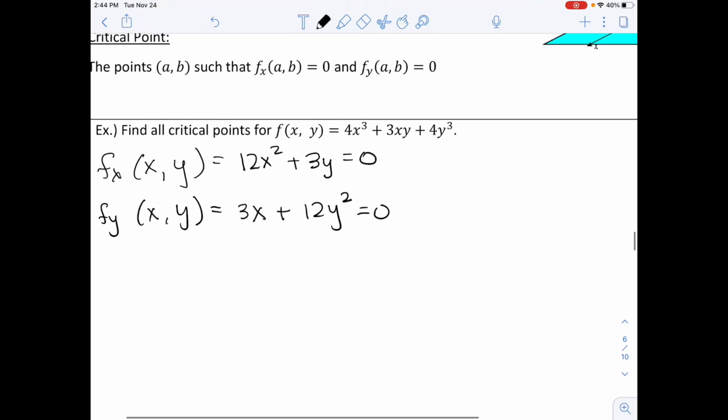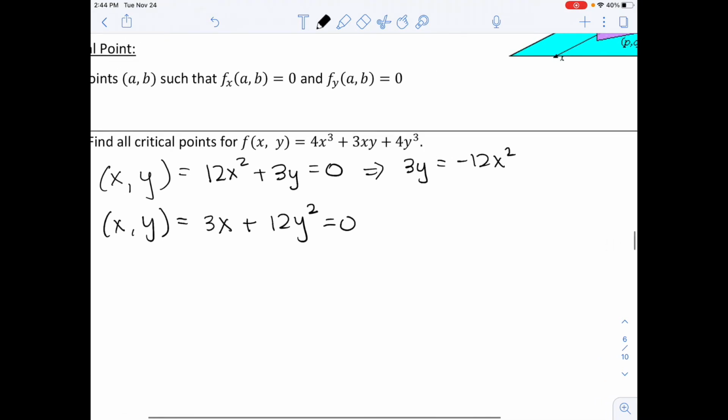And then to solve this, I'm going to go ahead and solve my first equation for y. And so I have 3y is equal to negative 12x squared. And then dividing both sides by 3, we have y is equal to negative 4x squared. I am then going to substitute this in for y in my other equation.